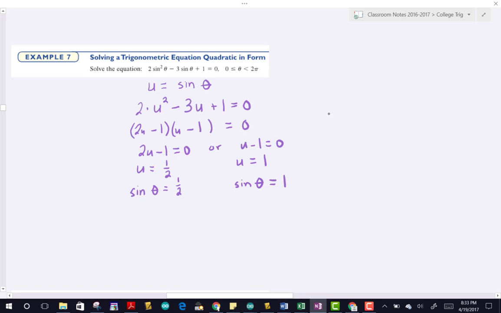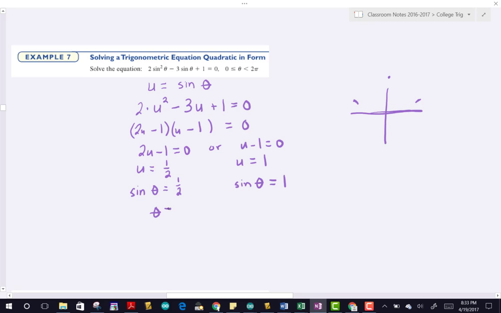If I think about my unit circle, my y-coordinate is equal to a half, let's see, here, and here, and it's equal to 1 up here.